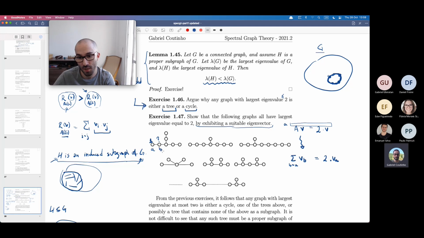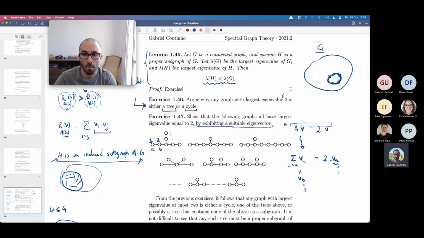Let's say this is vertex B. So this thing here is the b-th entry of the eigenvector. If this is 1, then this is 2.